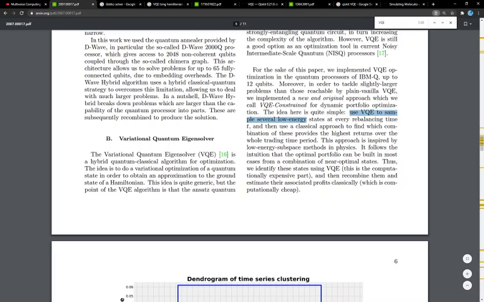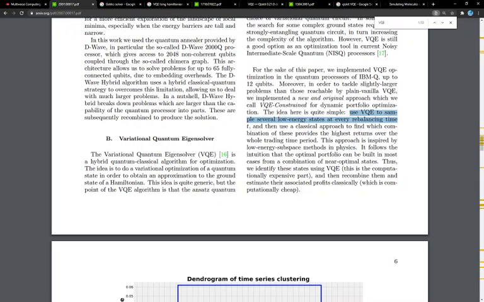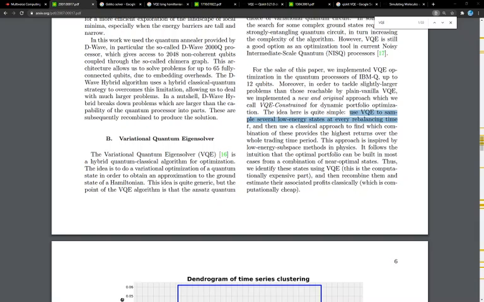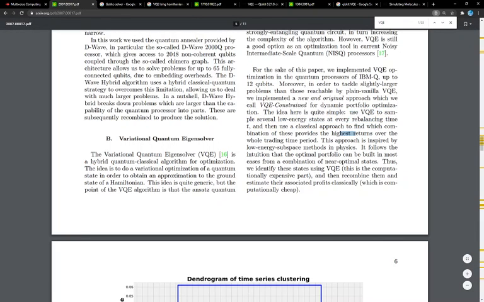VQE constrained would be: sample several low energy states at every rebalancing time t, then use a classical approach to find which combination of these provides the highest returns over the whole trading time period. So how would you do that?